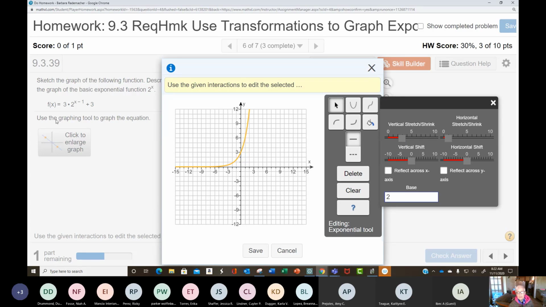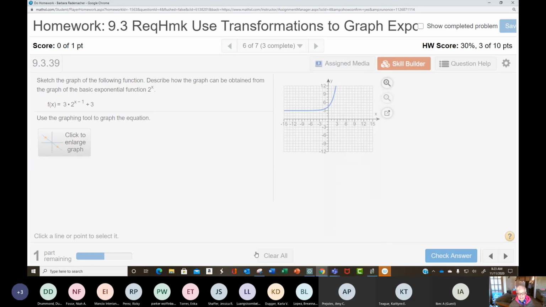I've only got a 1 in front of the x, and that is the default number. Meaning, nope, there's no horizontal stretch or shrink. Yay. However, there is a vertical shift up 3 units, that's positive. And there is a horizontal shift 1 to the right. That's +1.